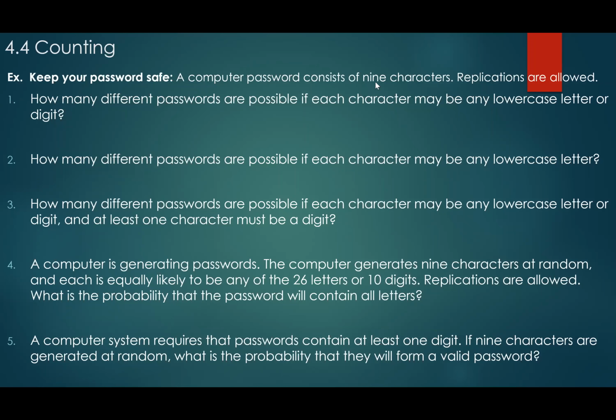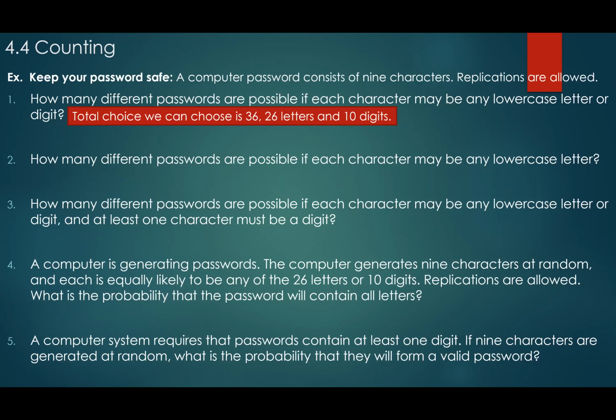How many characters do we need? In this case we need 9 characters, meaning there are 9 different slots we need to fill to create this password. Now at each slot, how many choices can I put in? At the first slot, I have 36 choices. Why 36?